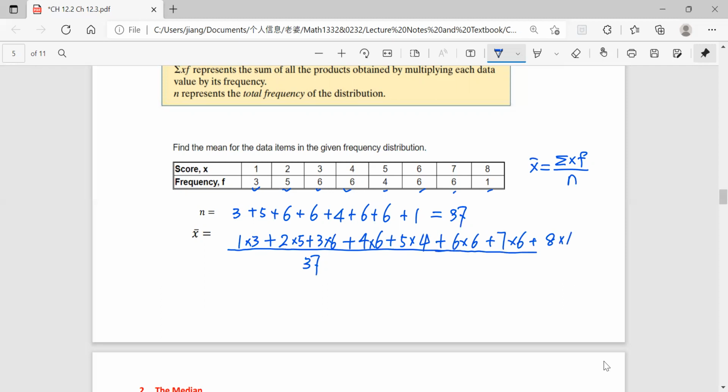So multiply each by its frequency, and then let's use the calculator to find the value. That should be about 4.351.